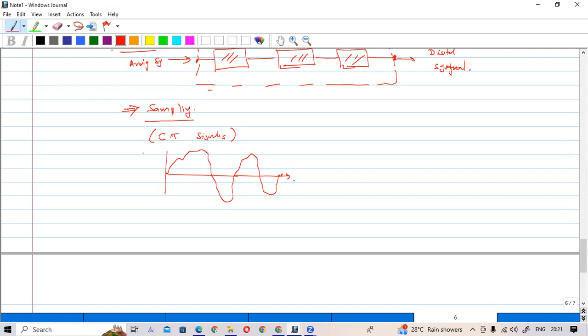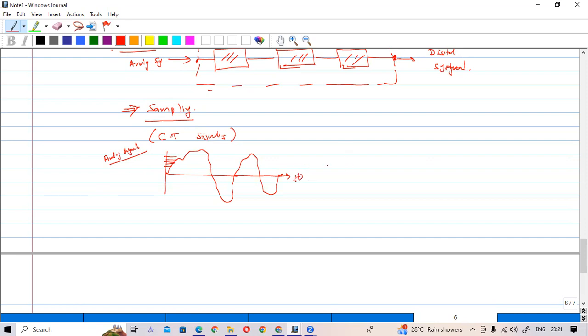And as well as this is an analog signal. This is continuous time, and also you can see that there are infinite number of amplitude levels. So this is an analog signal and also a continuous time signal.